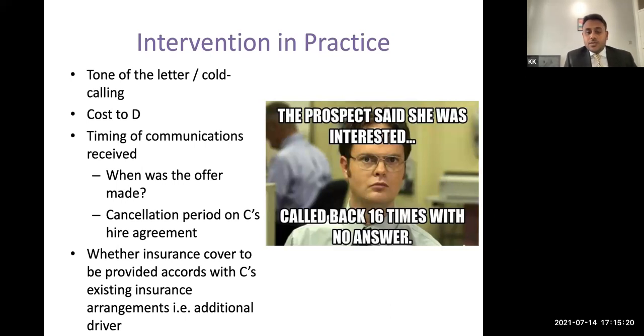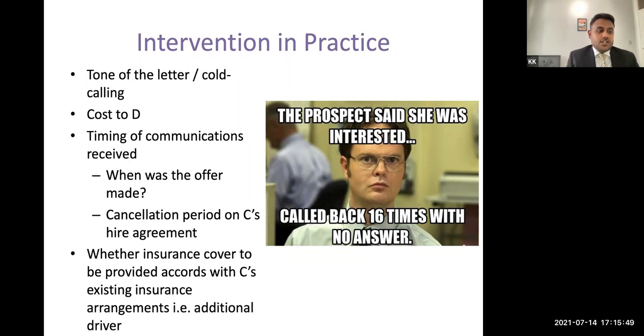But once any sort of cancellation period has lapsed on the original hire agreement, it will become virtually impossible for a defendant insurer to say that a claimant has acted unreasonably in refusing to consider the intervention rate that's been provided. So timing really is of importance.